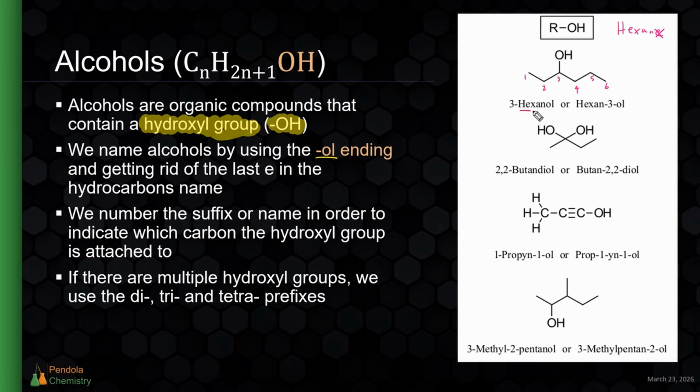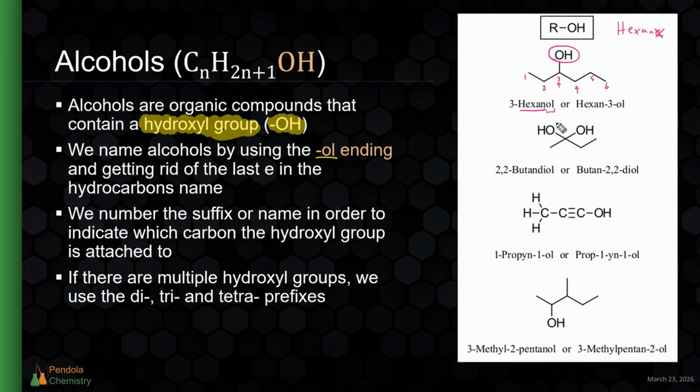So it will be hexan, we get rid of the E, O, the O being that alcohol. And because the OH is added to the 3rd carbon, we're going to call this 3-hexanol. Or again, just like we did with alkenes, we could say hexan-3-ol if we want to show it closer to that OL that tells us it's an alcohol.